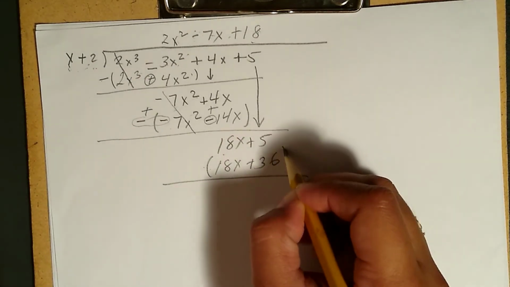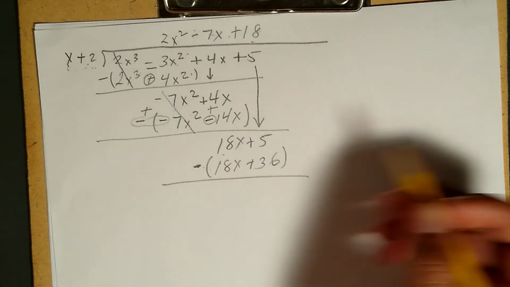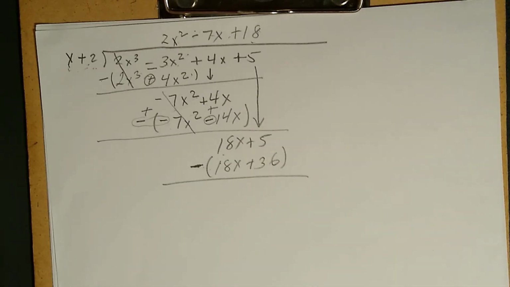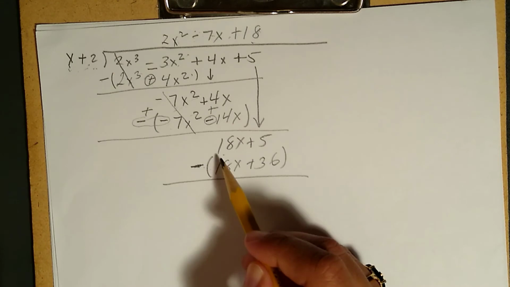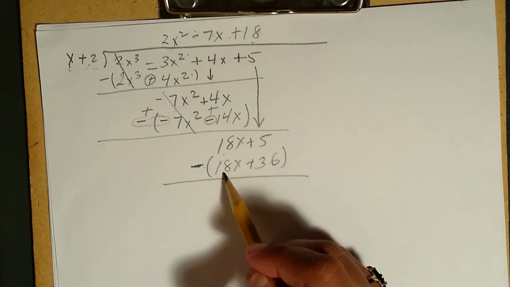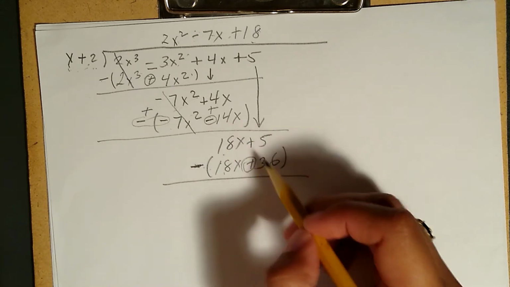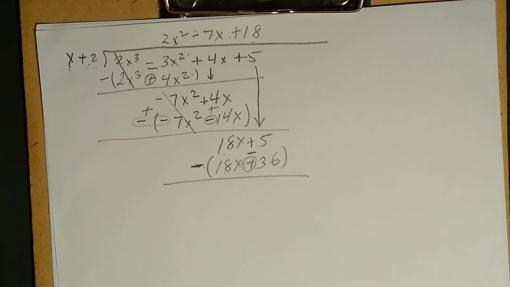Don't forget to change the sign. Once again, this is negative. Remember, we're subtracting. So negative times 18x is negative 18x. And negative times positive 36, we change the sign, turns into negative 36.